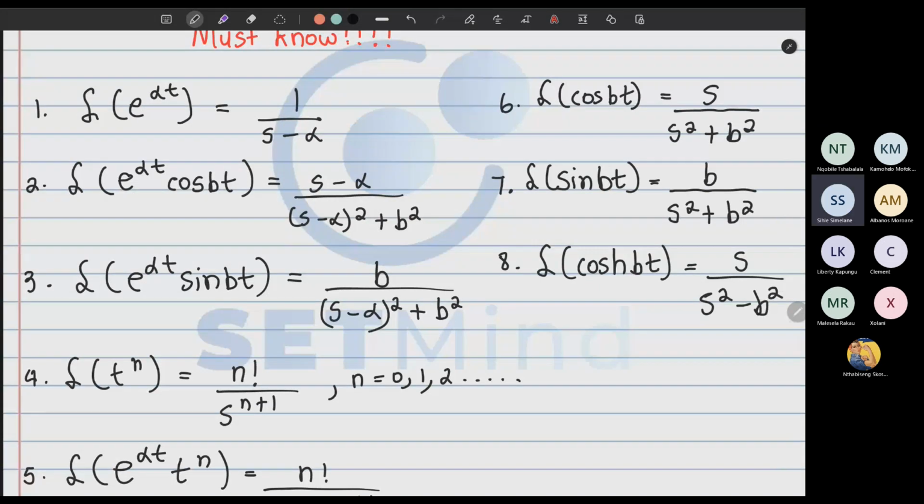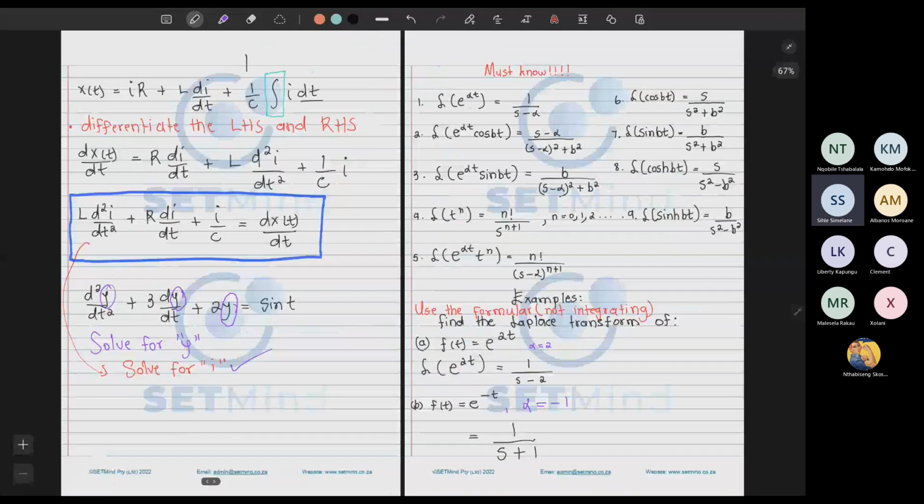And then the last one, let's name it number 9, which is the Laplace transform of hyperbolic sine of bt. And this should just be b over s squared minus b squared. So let's keep these in mind. Let me copy them to the next page and see if we can answer more examples.